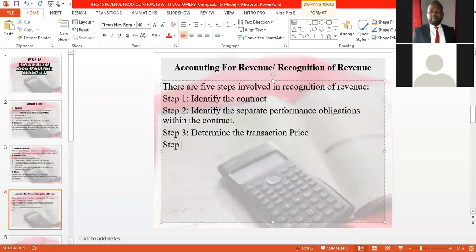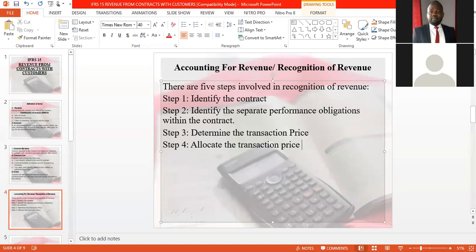Step 4 is to allocate the transaction price. Please note that this one is not in your notes, so take note of it.